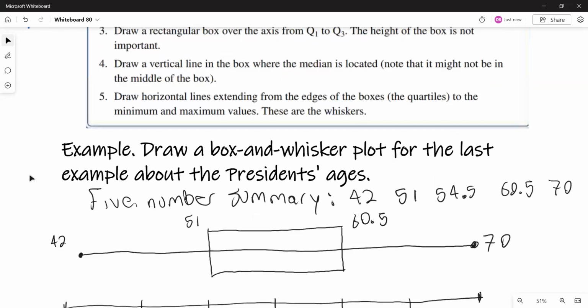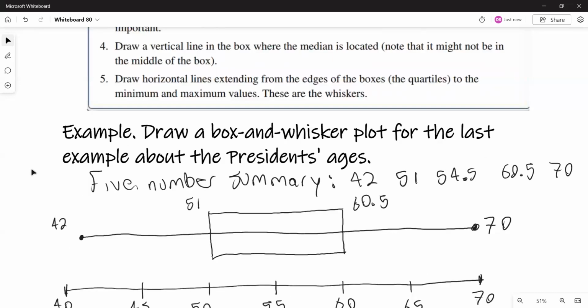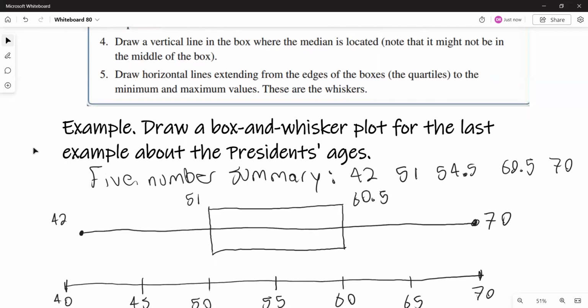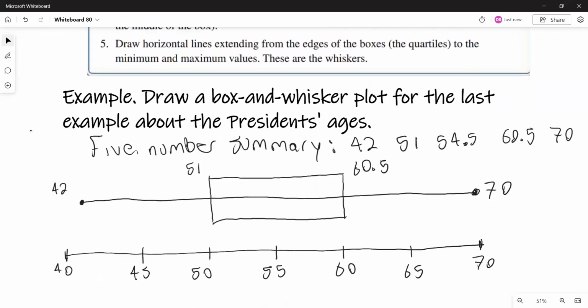Step number 4, draw a vertical line in the box where the median is located. The median is 54.5. It might not be in the middle of the box, but the median is going to be at 54.5. And finally, draw horizontal lines extending from the edges of the boxes to the minimum and maximum values. Those are the whiskers.